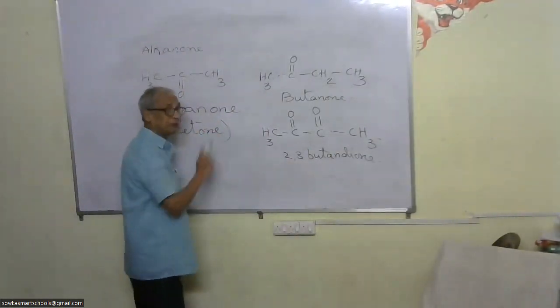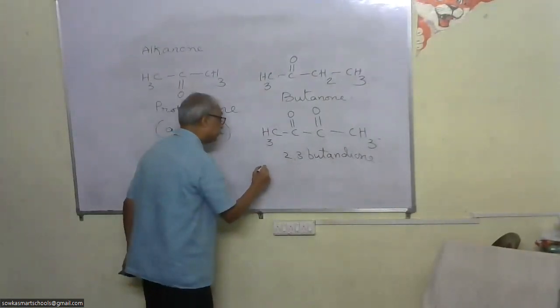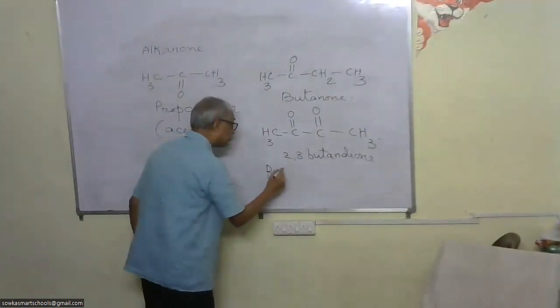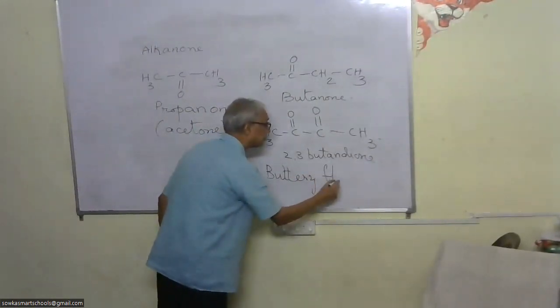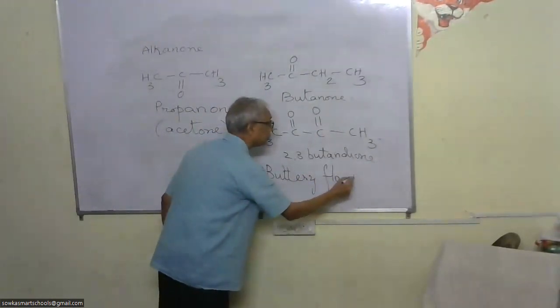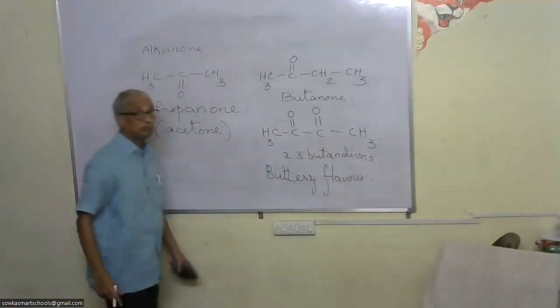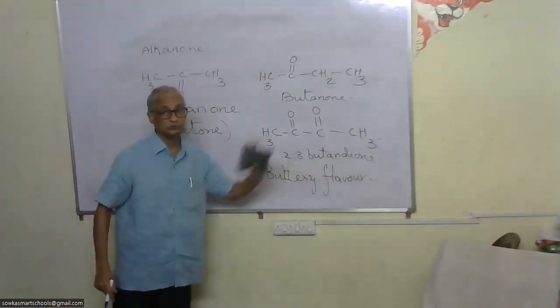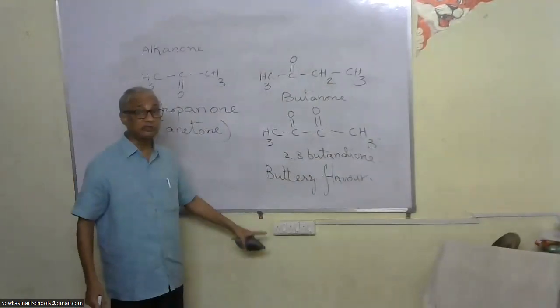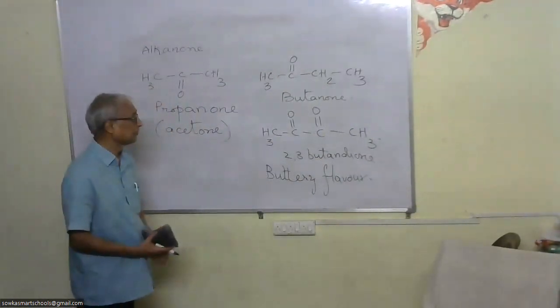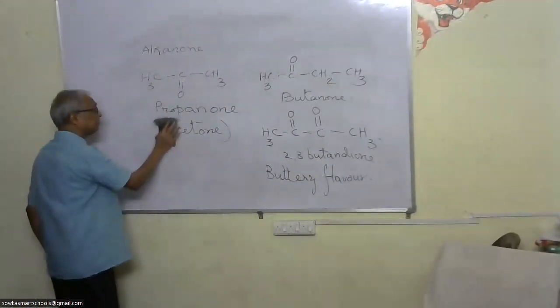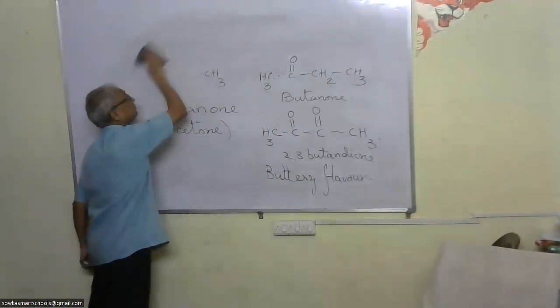And it is a very famous compound. The buttery flavor in butter is due to this compound. The butter is having a buttery flavor because of this compound. So these are some examples of ketones.